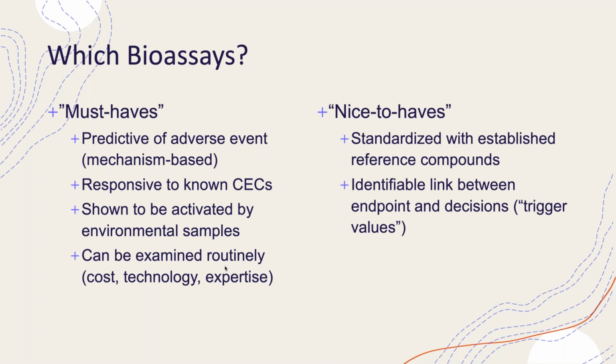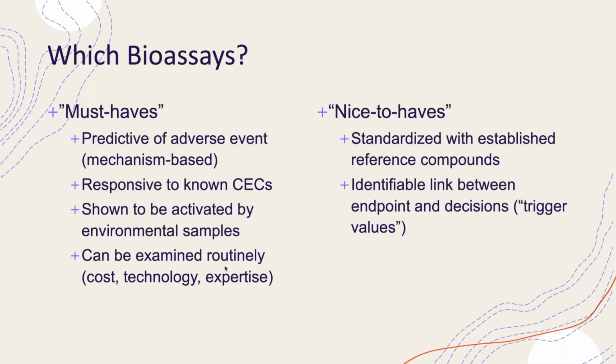Some things that are nice to have that hopefully will be able to move some existing assays into the workflow is what we want to have is standardized bioassays where we've established that they work, with particular reference compounds of known toxicity and of known presence in the environment, and where we can compare one lab to another lab and come up with the same types of results.